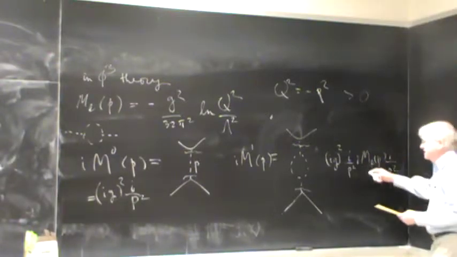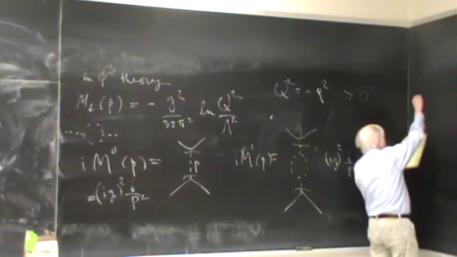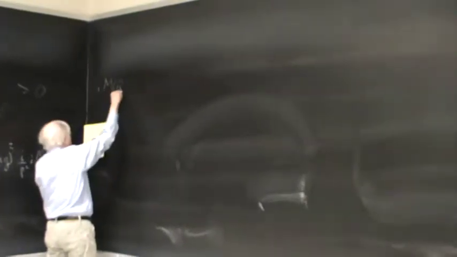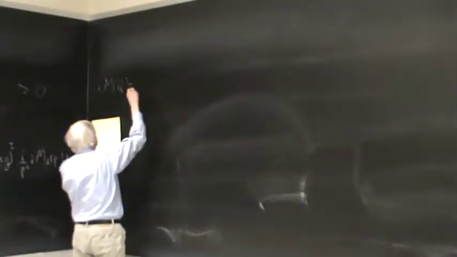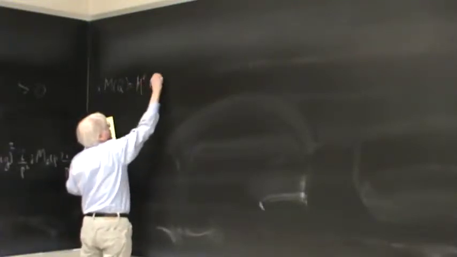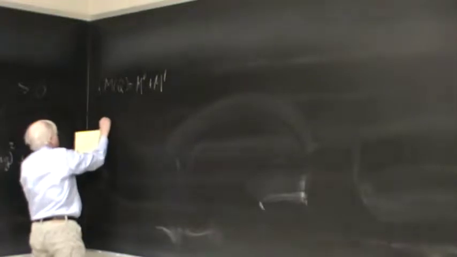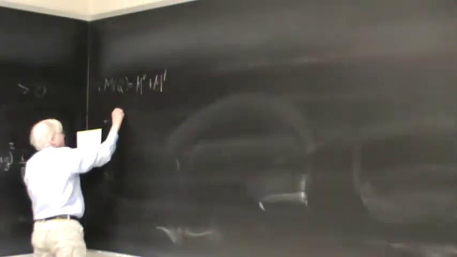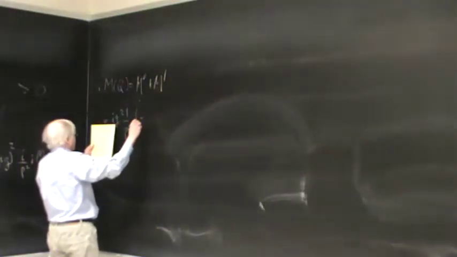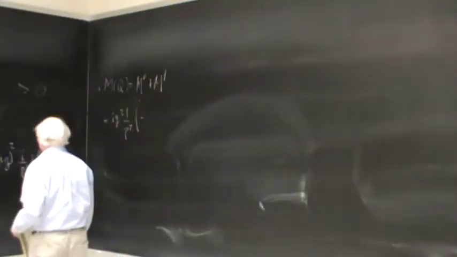And if we combine these two terms, then what we would get would be i M of Q, say, would be M0 plus M1, and this would be i g squared 1 over p squared times, well, sorry, I should have written what this is.